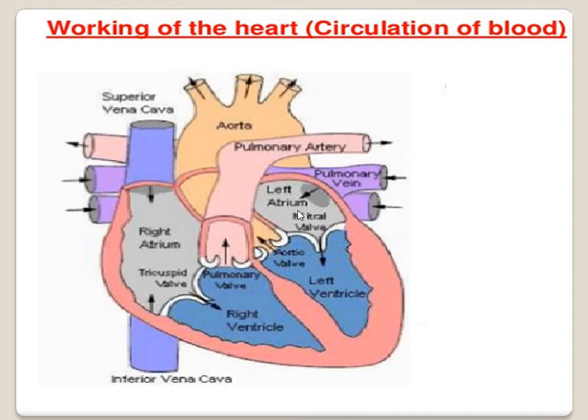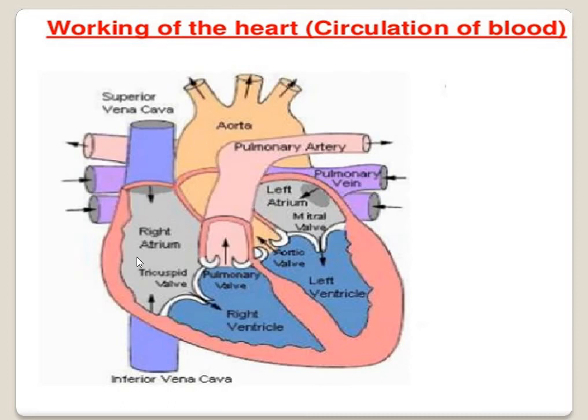So blood from the left auricle passes into the left ventricle through an opening which is guarded by a valve, what we call the bicuspid valve or the mitral valve, which has two flaps, or we can say two cusps.